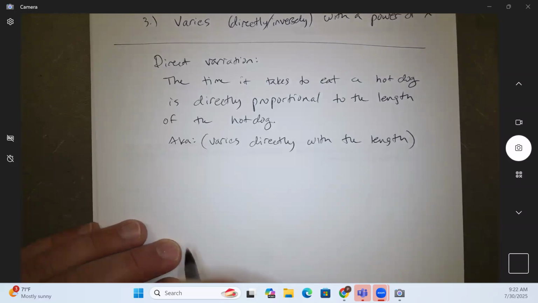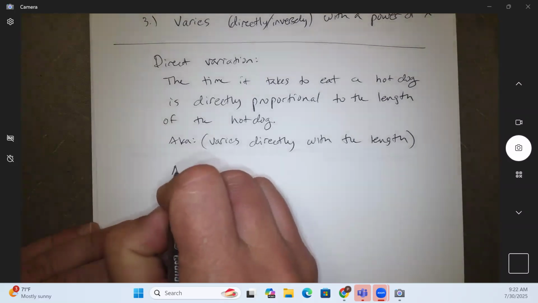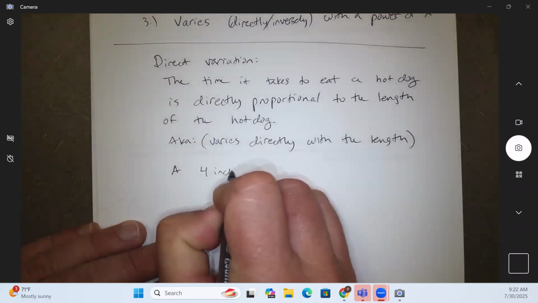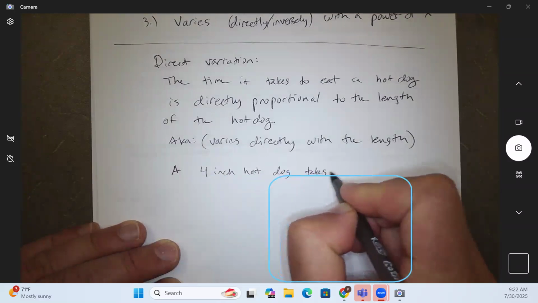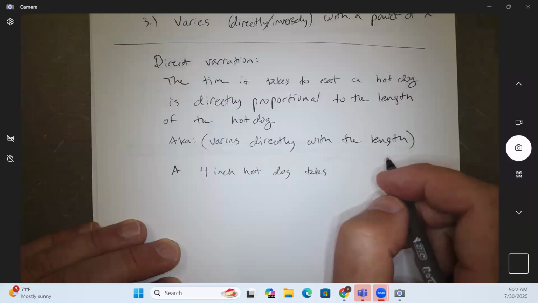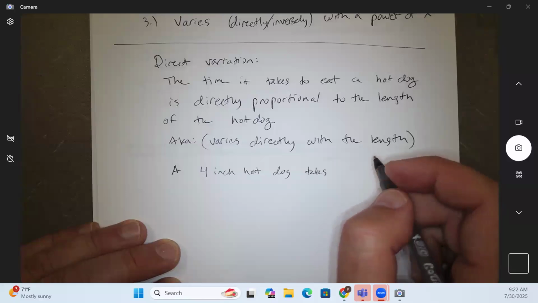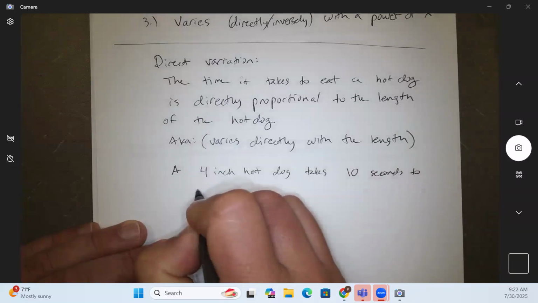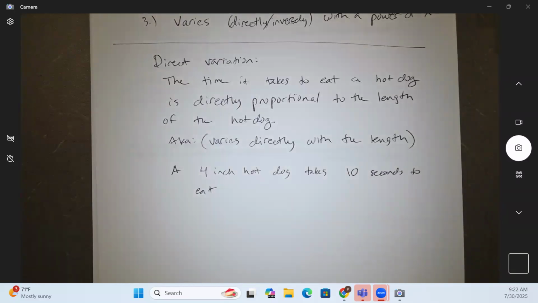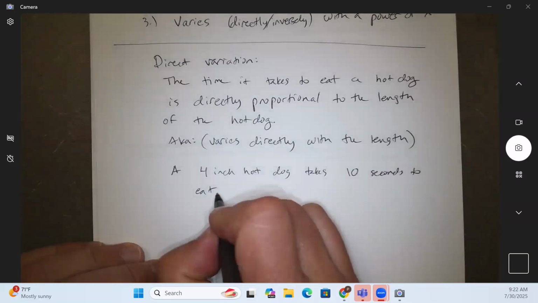So for example, a 4-inch hot dog takes, now we're talking about championship hot dog eaters here, okay? Not you and me. 10 seconds to eat. Bite, chew, swallow, bite, chew, swallow.